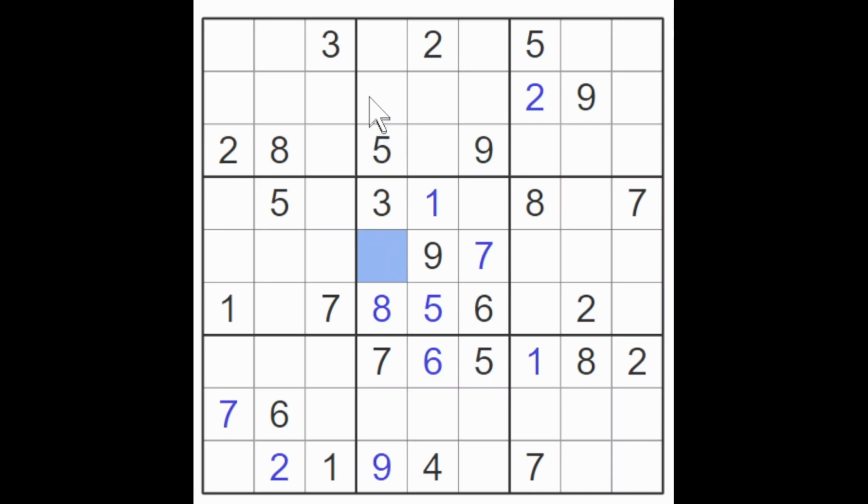A 4 must go here, here, or here. An 8 must go here, or here. And a 6 must go here or here.